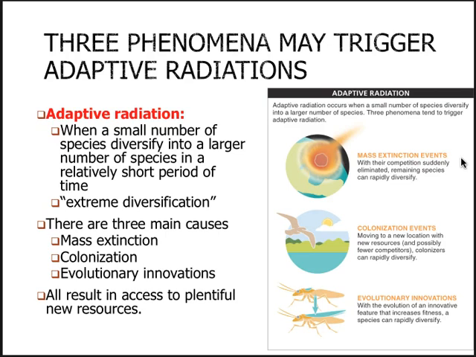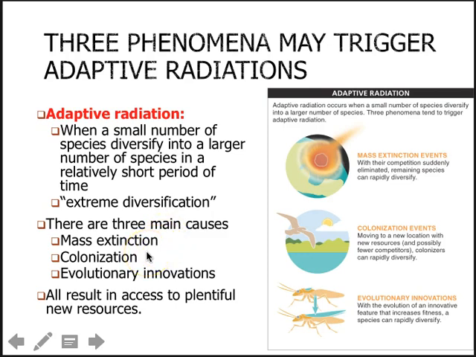I mean, there were mammals around, but not a lot of them, not a huge number of species. But there were a huge number of species of dinosaurs. When the dinosaurs went extinct, the mammals had their chance to bloom and blossom. And now we have thousands and thousands and thousands of species of mammals that would not have existed if the dinosaurs had not gone extinct. So mass extinction can lead to adaptive radiation.